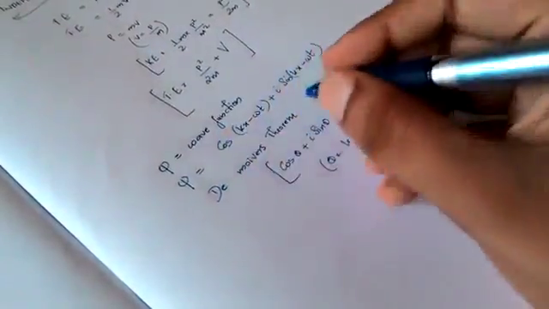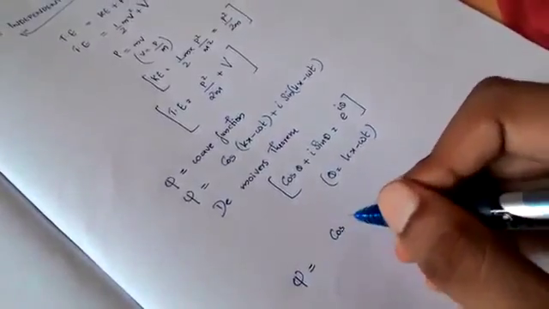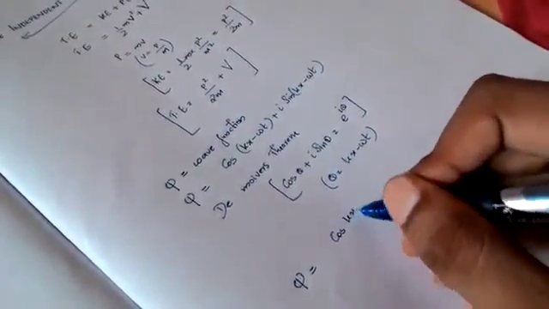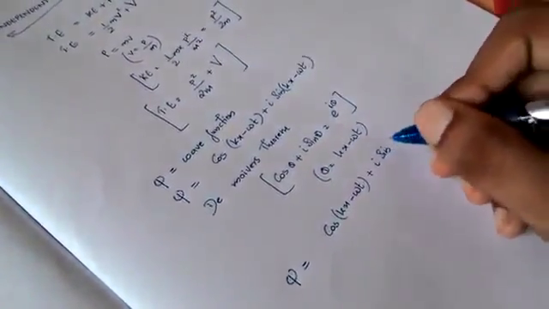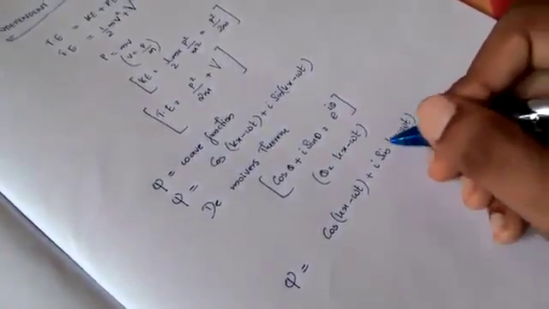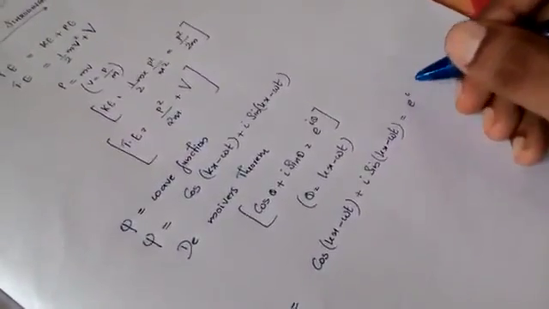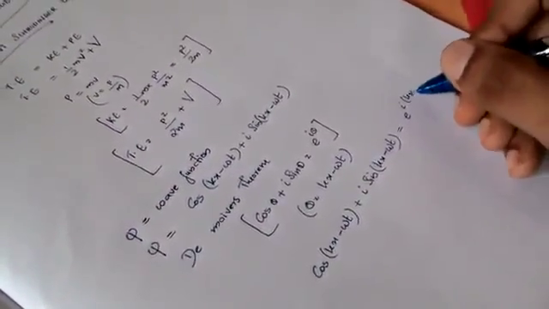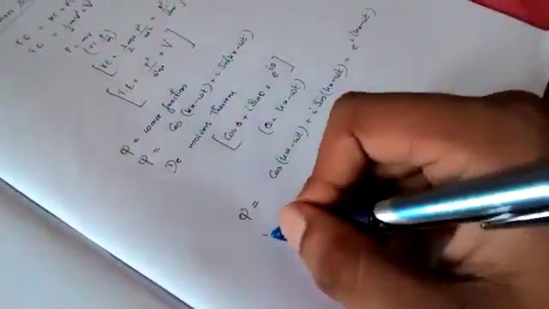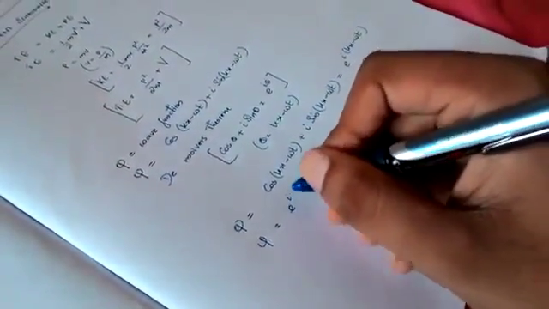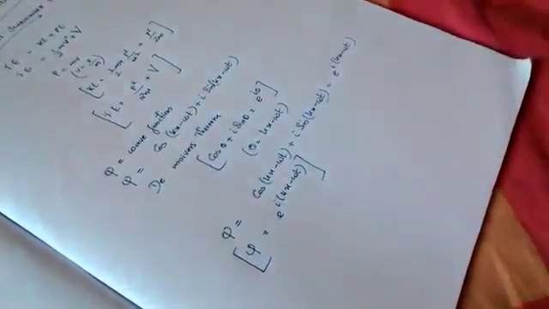So we can rewrite this equation: psi equals cos(kx minus omega t) plus i sin(kx minus omega t), which equals e raised to i(kx minus omega t). So we can write psi equal to e raised to i(kx minus omega t). This is the form we are considering.